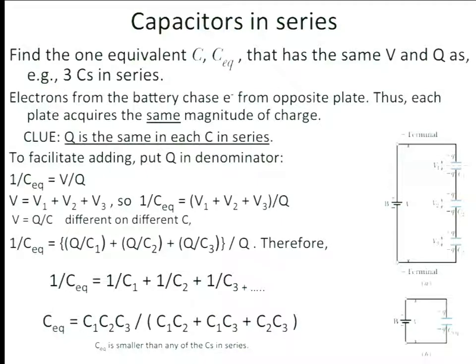If you have an EMF, you'll have a current flowing through these two, and this can be made equivalent to a single equivalent resistor. Equivalent means that this one resistor, R equivalent, will have the same current flowing through it and the same voltage drop as across these. That's what we understand by equivalent.